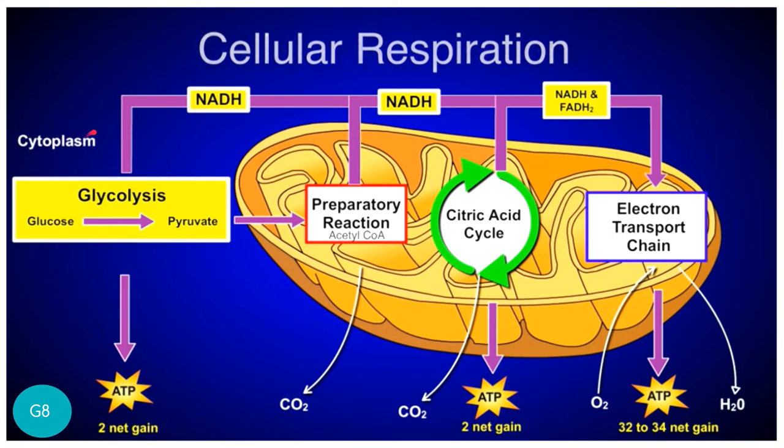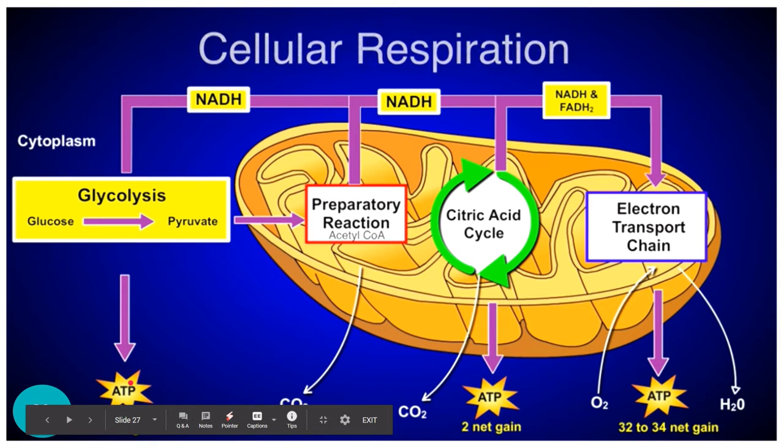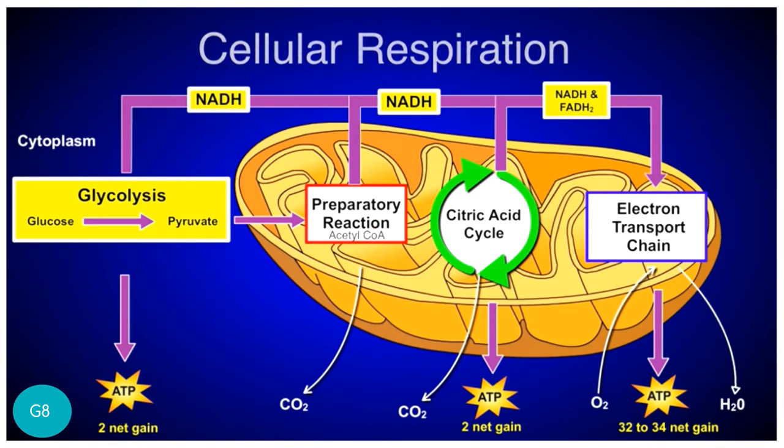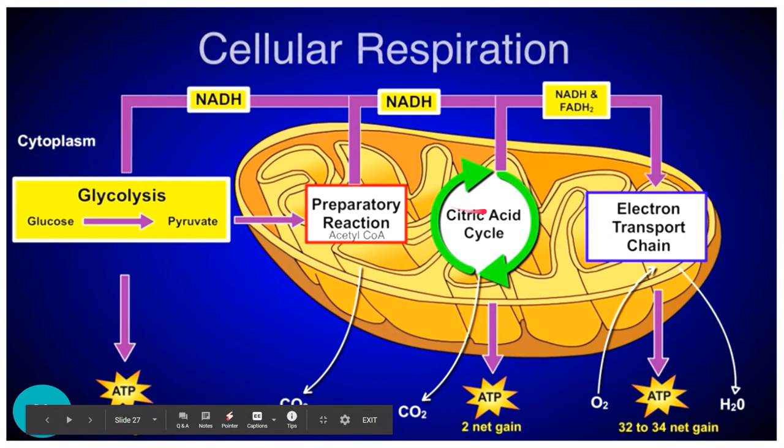So in the first part of cellular respiration, glycolysis, our cells can harvest two ATP molecules, or a two net gain of ATP. Now, during the preparatory reaction, this is where the first batch of carbon dioxide waste is produced. During the citric acid cycle, another two net gain of ATP and another batch of carbon dioxide waste.